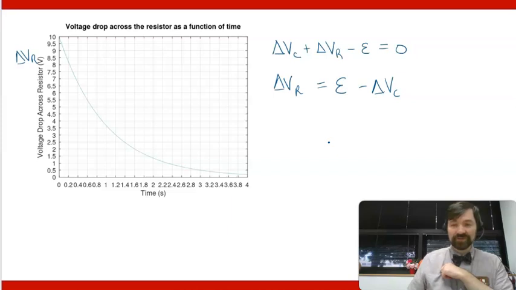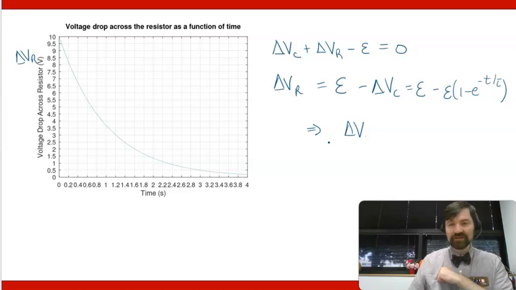But recall that delta VC is itself epsilon times 1 minus e to the negative t over tau. Okay, so if you combine all of that, you get that delta VR in this case is just epsilon e to the negative t over tau.